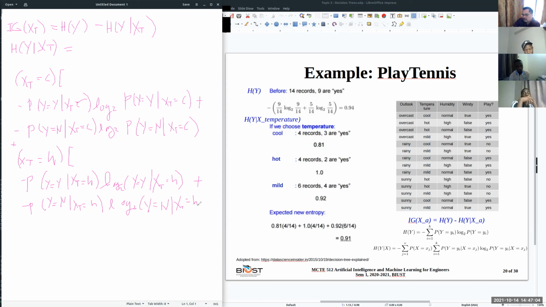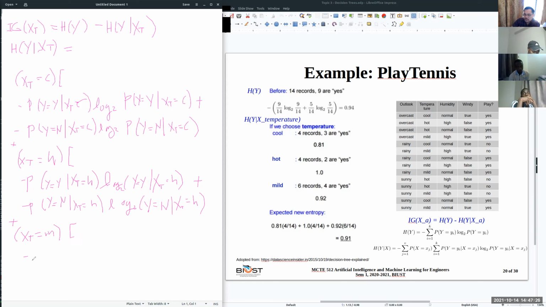Okay, and then plus the third property or the third variable of the attribute xt, now equals mild.